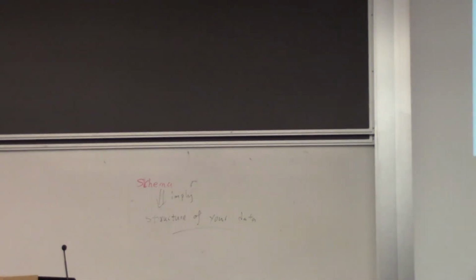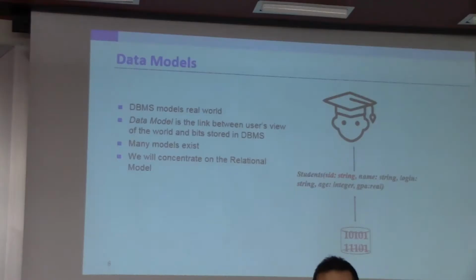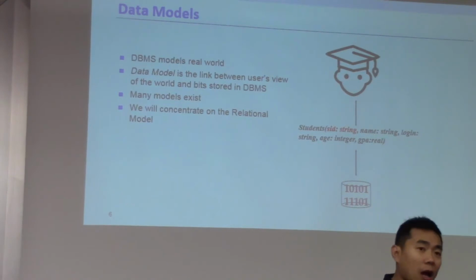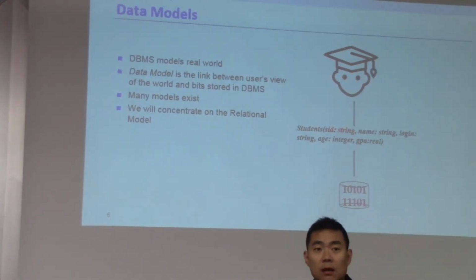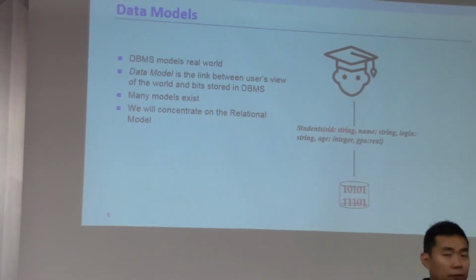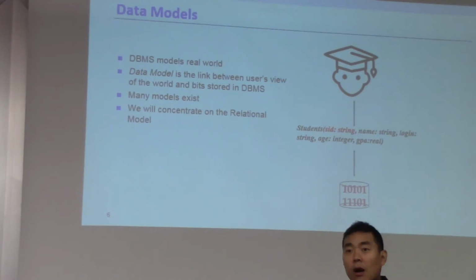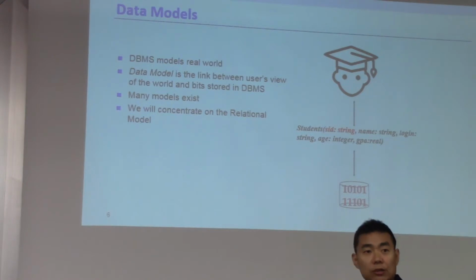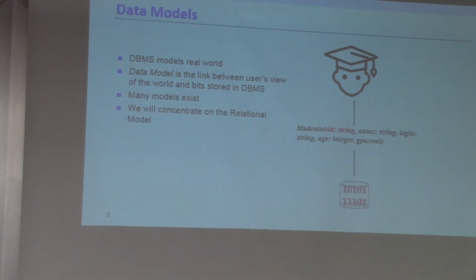By looking at just this information, I know exactly the format of each student record coming into this table. I may not know the values of each such student. However, I do know the structure of each such student record coming into this table, even without looking at the specific records. For example, I know each student must have a student ID, which is a string type, and each student must have name, login, and so on and so forth.